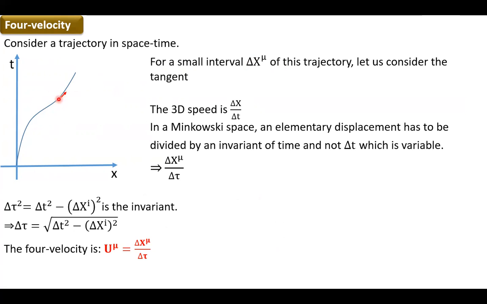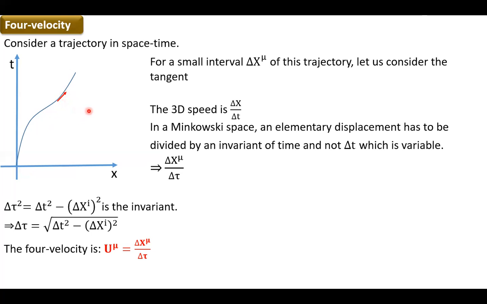So your delta x is a vector. In this case, it is a 4-vector that has 4 coordinates from 0 to 3. And if you take the tangent to the small displacement, this tangent would be the velocity, the 4-velocity. As you know from classical mechanics, the tangent to the curve is always the velocity of the object.